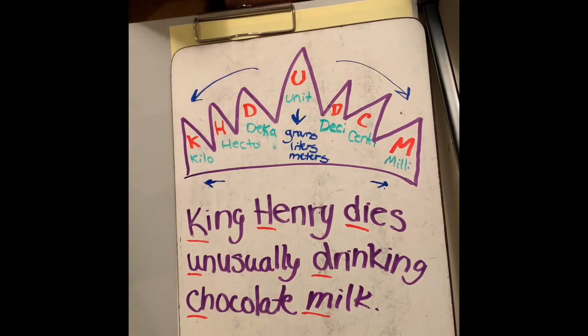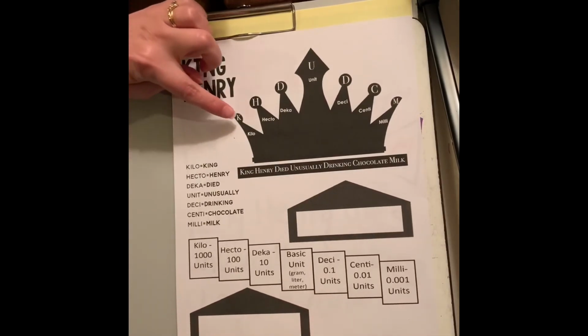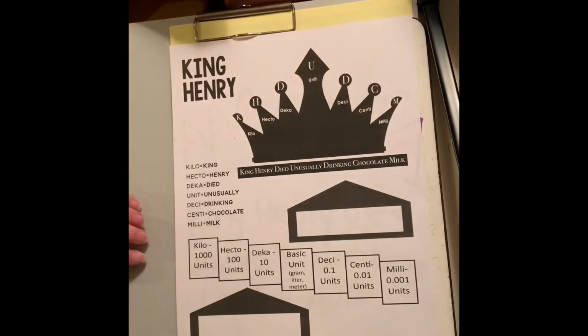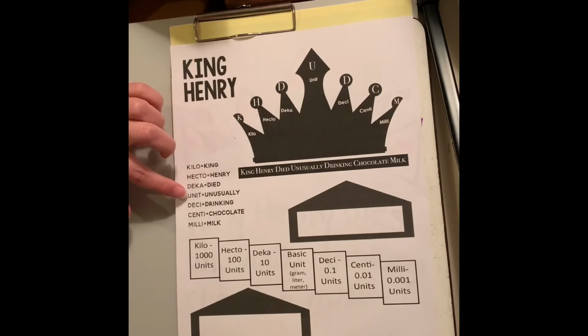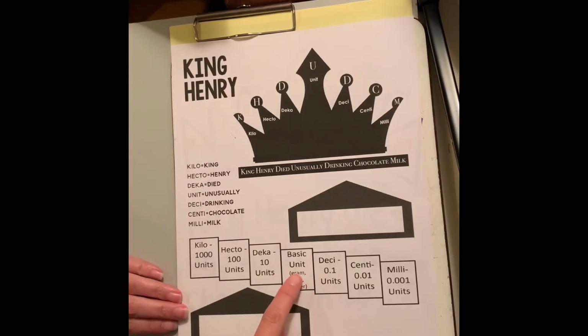If you look at what I post on my website, you will see our crown with kilo, hecto, deca, unit, deci, centi, and milli. You'll see kilo king, hecto Henry, deca died, unit unusually, deci drinking, centi chocolate, milli milk. Here's our basic unit, gram.